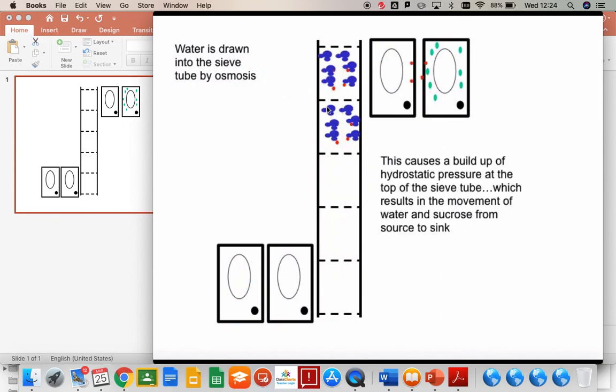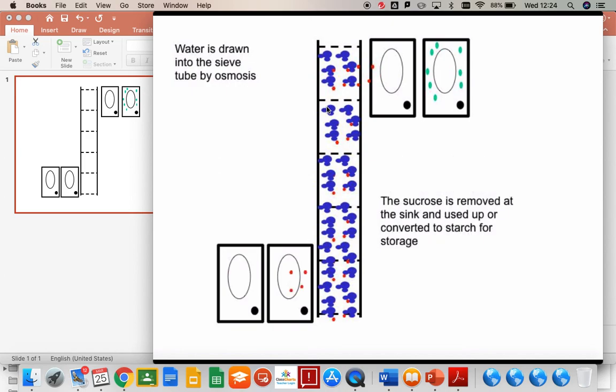This will cause a build-up of hydrostatic pressure that we saw because it oozed out of the back of the aphid's head, and we will end up with the mass flow from source to the sink. And if we are removing from one end and adding at the other, then that pretty much links back to the little experiment that I showed you a moment ago with it going from left to right.